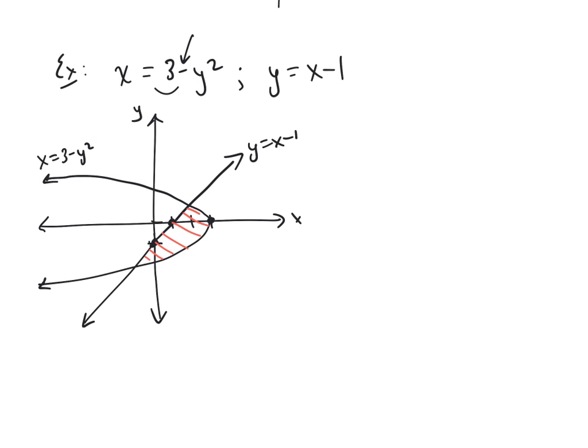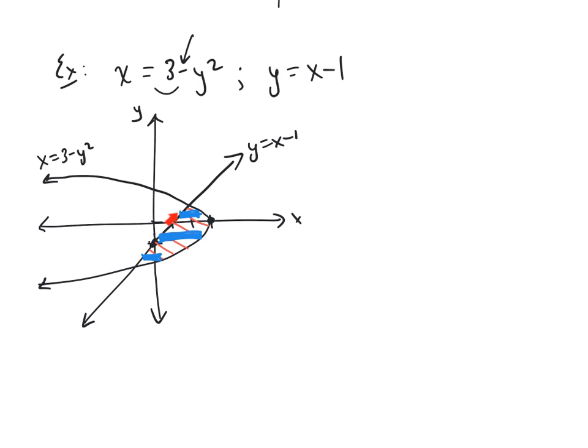We're going to calculate that area using horizontal rectangles, because when you use horizontal rectangles, no matter where you draw one, the parabola is always on the right-hand side, and the straight line is always on the left-hand side. So the parabola is always on the right, here, or here, or here, and the straight line always on the left.